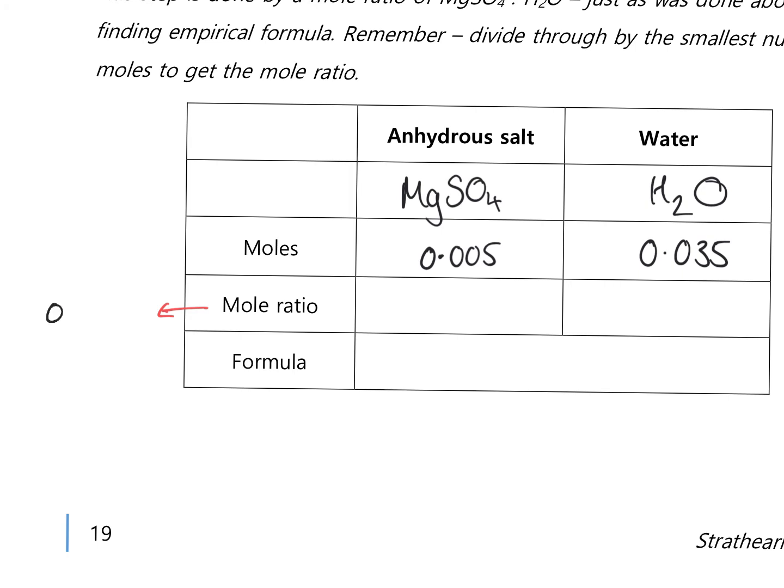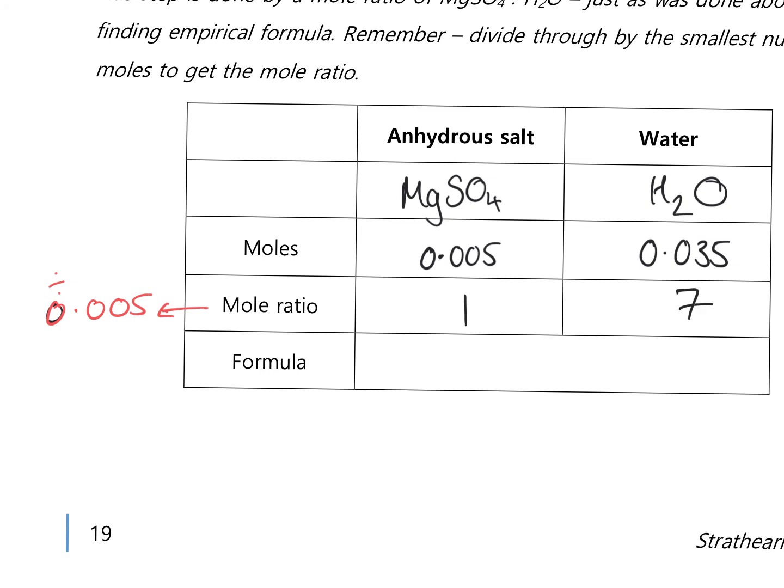So that is the case here, that we're going to divide by 0.005. What does that give us? Well, you're dividing by itself for magnesium sulfate, so that gives you 1. And then 0.035 divided by 0.005 is 7. Just use your calculator for that.